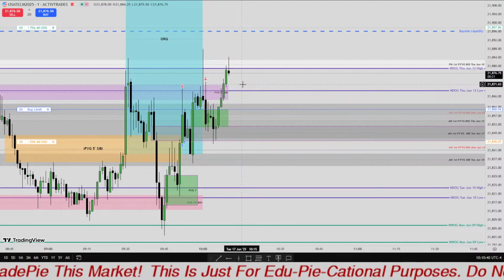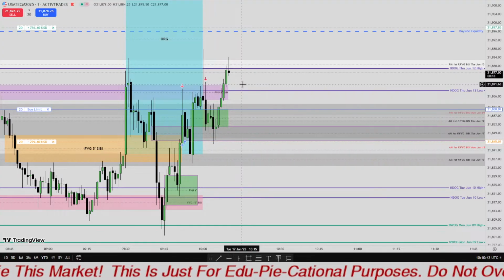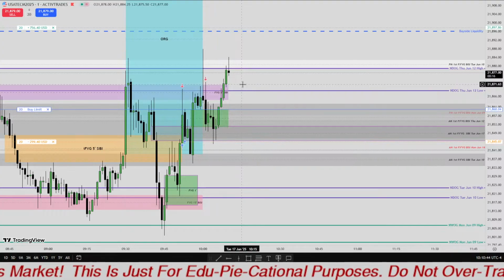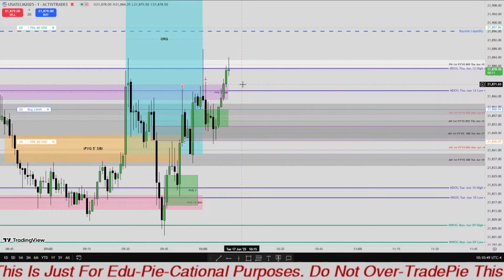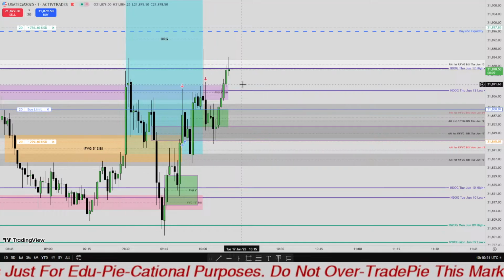Now you can see we have a lot of difficulty in the market to go and clear the buy side liquidity at 21,896.